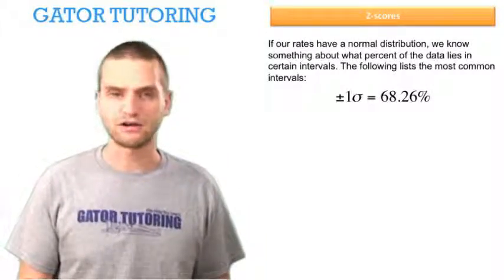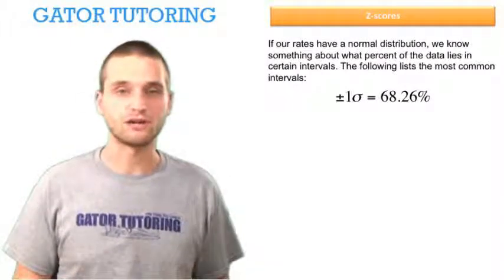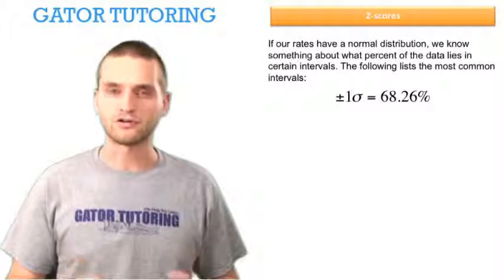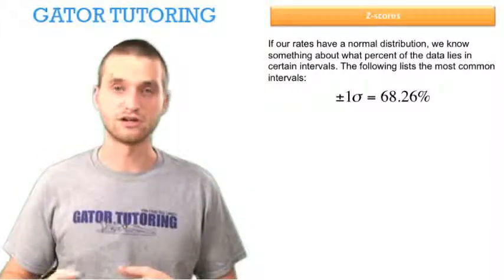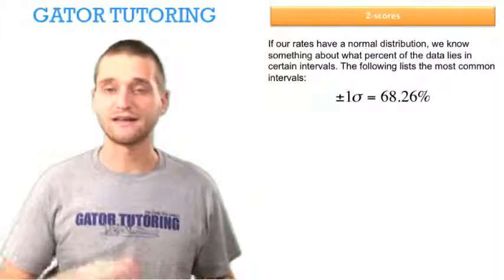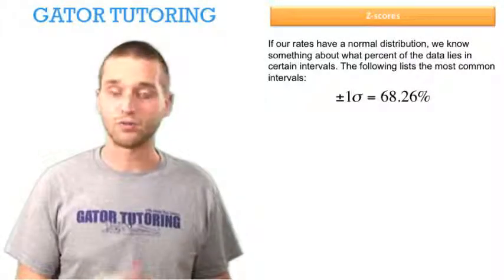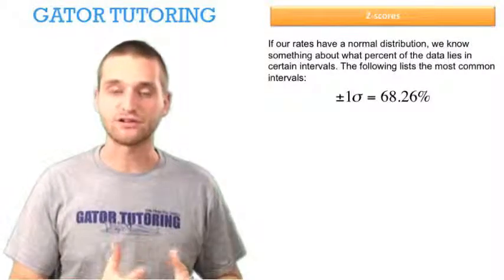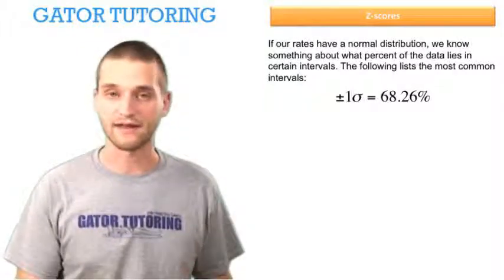And again, what a standard deviation is depends on the rest of our data, but right now we're just keeping it generic. It's just important to understand that these interval estimates, plus or minus 1 standard deviation, give us some information about how likely it is the actual mean is going to fall in that interval. And so again, for plus or minus 1 standard deviation, it's 68.26%. We're that sure that the true mean is going to lie in that interval.